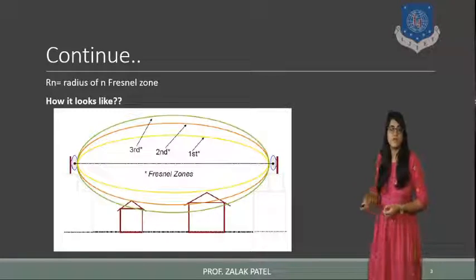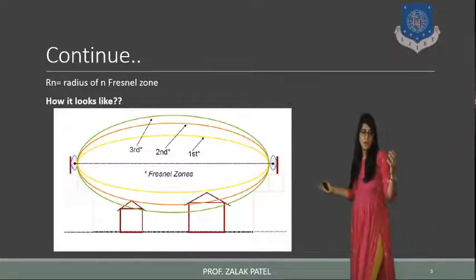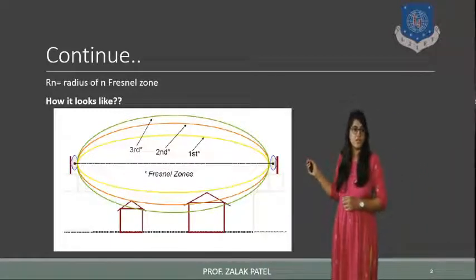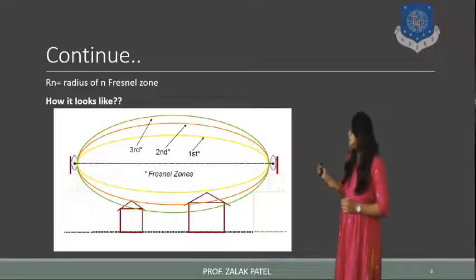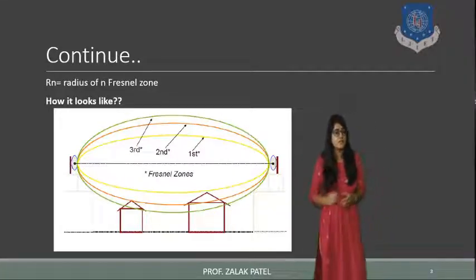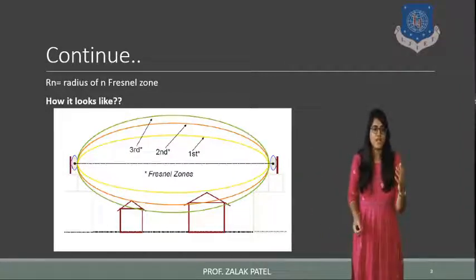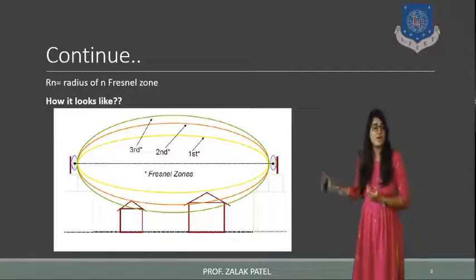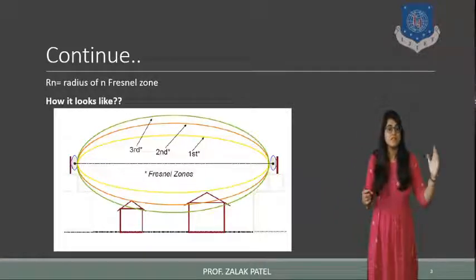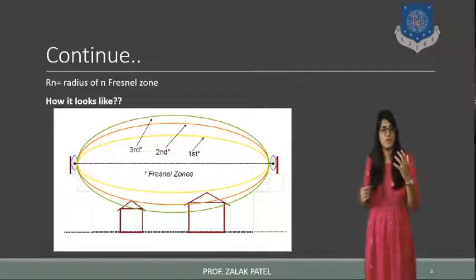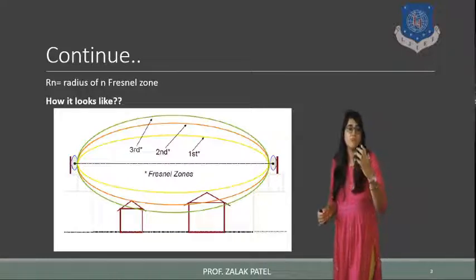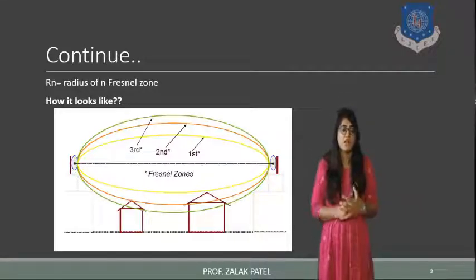Now, how will it look? Here we consider that between the transmitter and receiver, on the left-hand side the transmitter is there, and on the far right side the receiver is there. In between, two houses work as obstacles between the transmitter and receiver. So it creates the Fresnel zones between the transmitter and receiver.